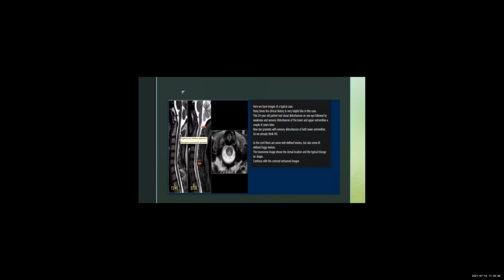And the reason you know it's T2 is because all this bright stuff here, this is where the spinal cord is. This dark thing is the spinal cord. This white stuff, that's the cerebrospinal fluid. On a T2 sequence, the fluid is bright, because usually stuff that has water in it is bright on T2. So this is a T2 image.